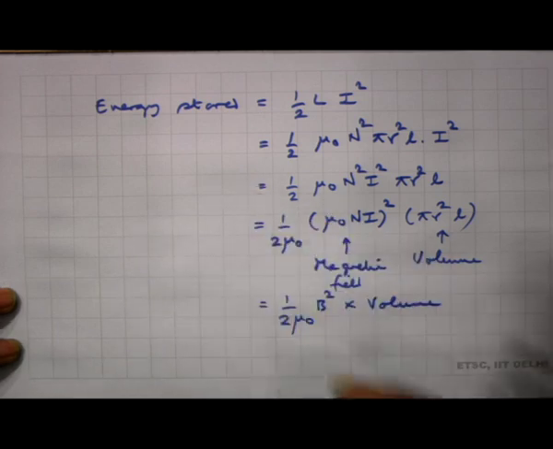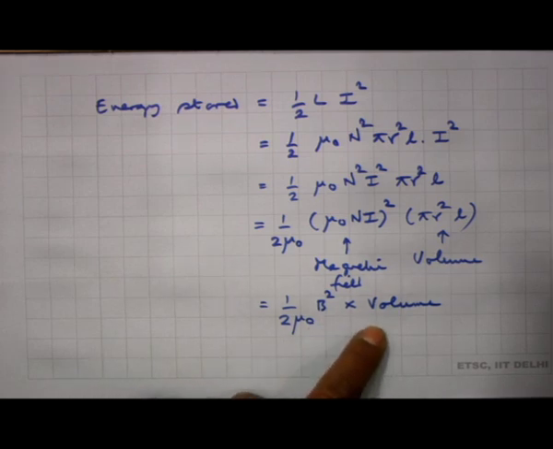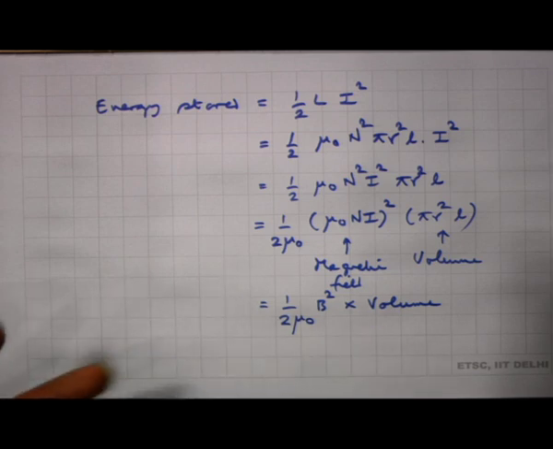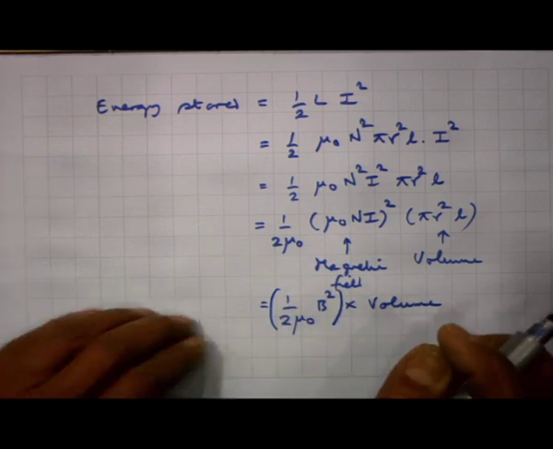So, I can write this energy stored, which I have calculated as half L I square, as 1 by 2 mu naught B square into volume. So, what does this give me? It gives me that this must be the energy density of the magnetic field.